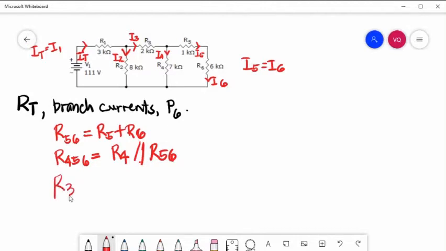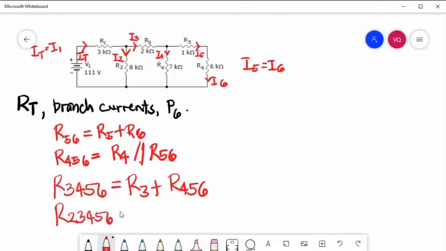So R3456 is R3 plus R456. The combination of R3456 is connected to R2 in parallel. So R23456 is R2 in parallel with R3456.